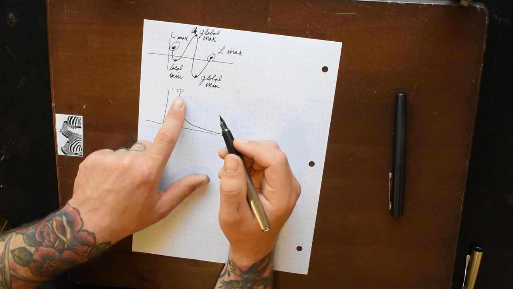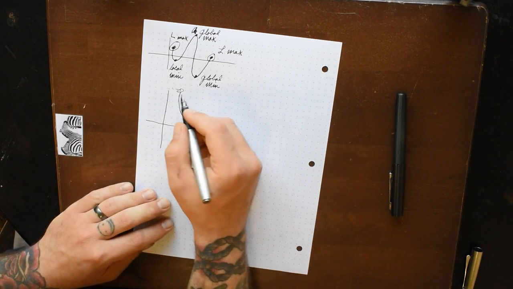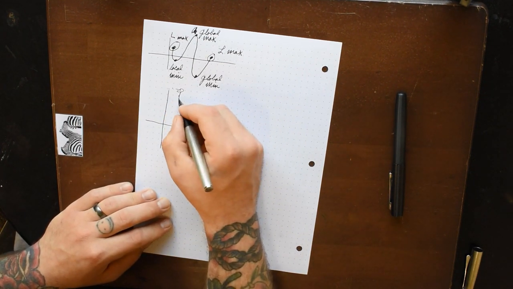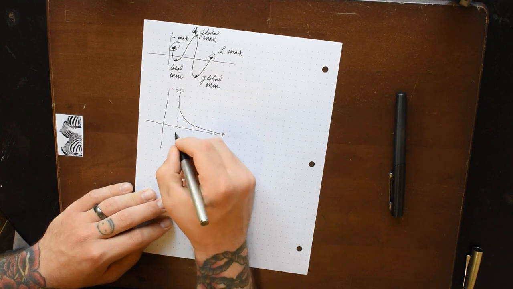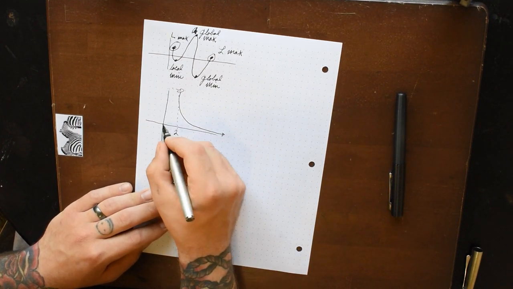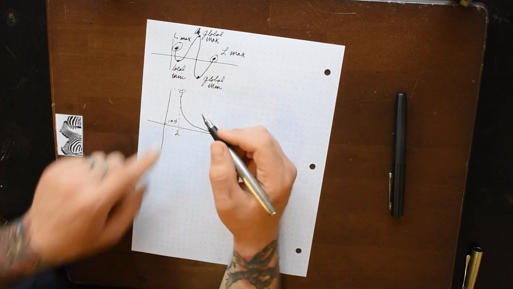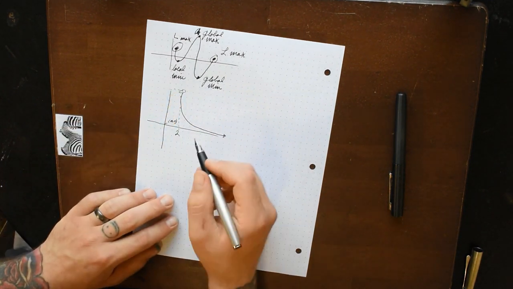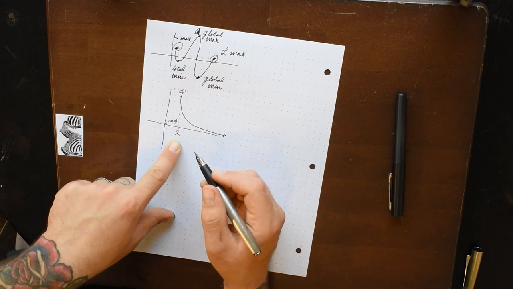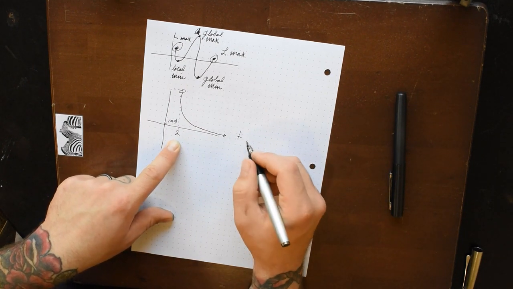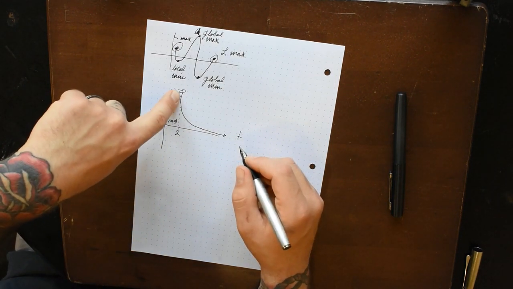This isn't a local max. This isn't any kind of max. Since it's open, and we're going to say that this has an x value of 2 for the sake of argument. Here's our origin, 0, 0. Since it's open and it increases, there's no x value we can plug into this function f that would give us this maximum value.